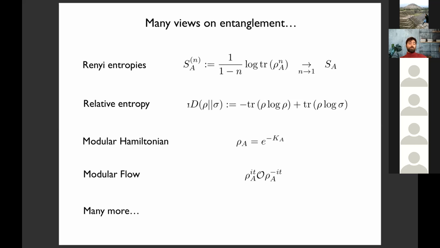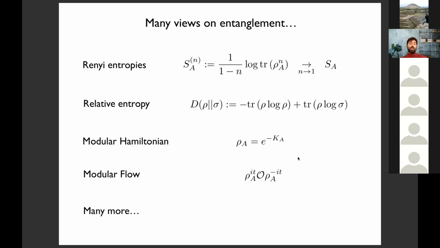Now, there are other measures, like relative entropy, which is a comparison between 2 probability distributions, or 2 density matrices. You're trying to see how different they are. It's something like a distance between 2 density matrices. Then if you ask people in the axiomatic quantum field theory community, they might be interested in computing what's called a modular Hamiltonian, which is nothing but the log of the density matrix.